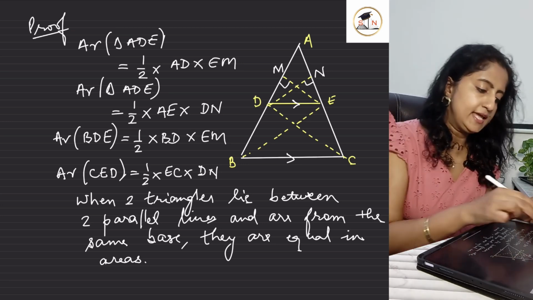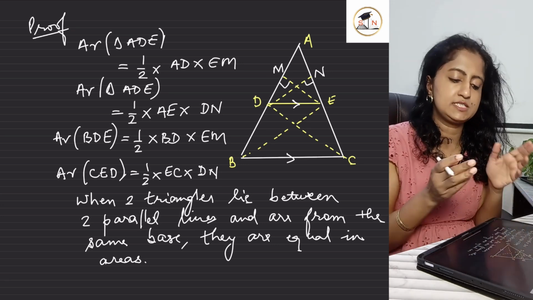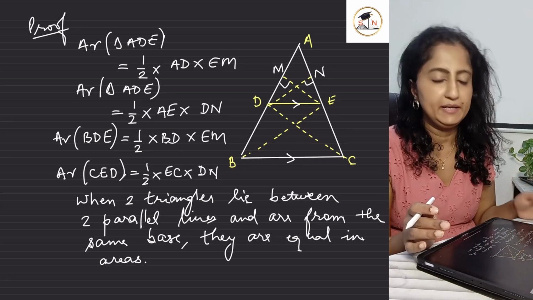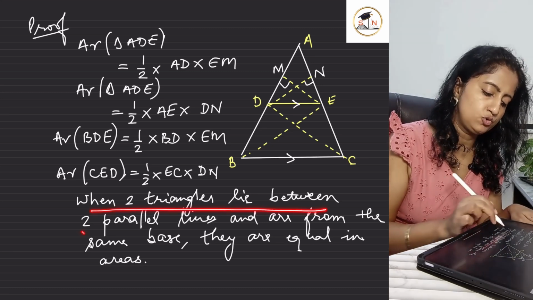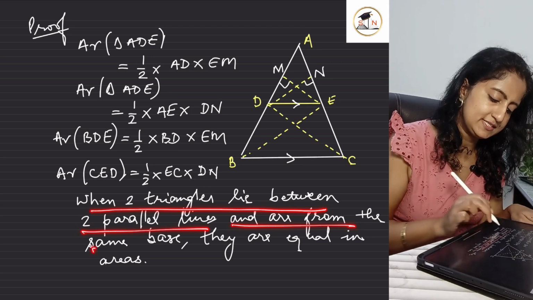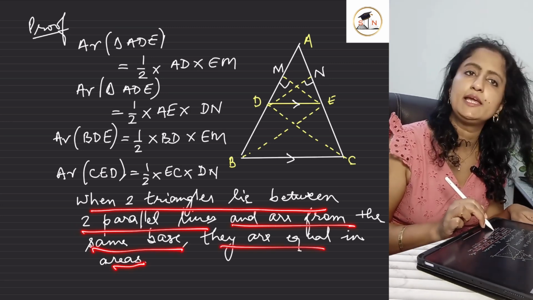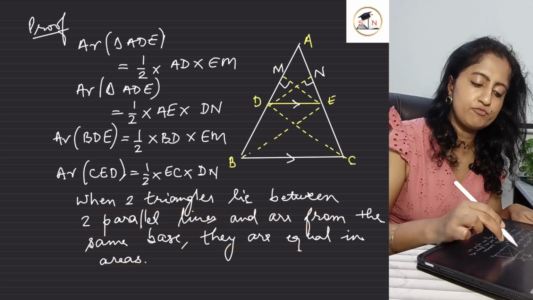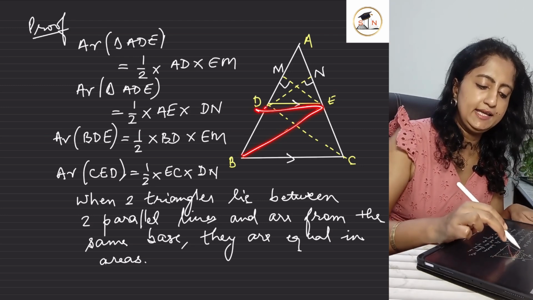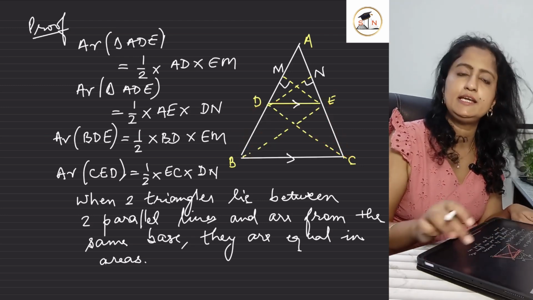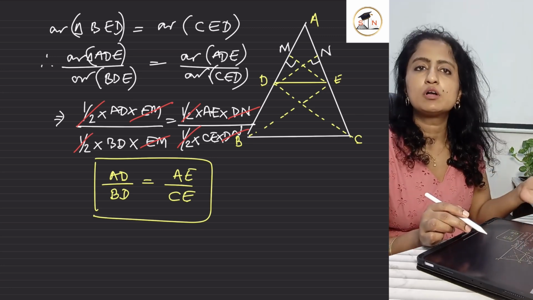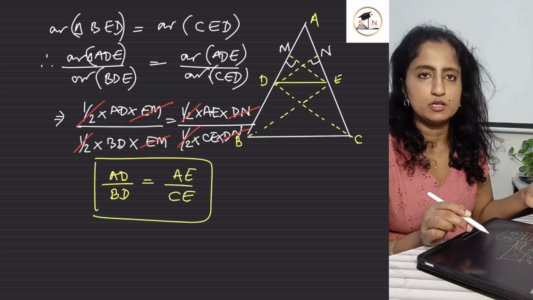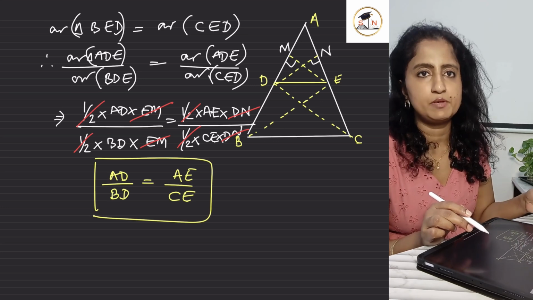Okay. Then came a very important theorem which is necessary to prove BPT. The theorem said when two triangles lie between two parallel lines and are from the same base, they are equal in areas, right? So therefore, we got that area of triangle BDE is same as area of triangle CED, which we wrote over here. After that, we brought the areas in proportion because we wanted the sides in proportion.